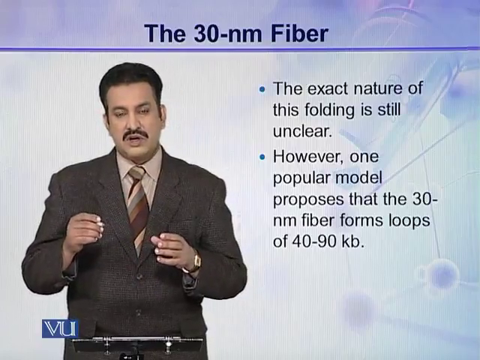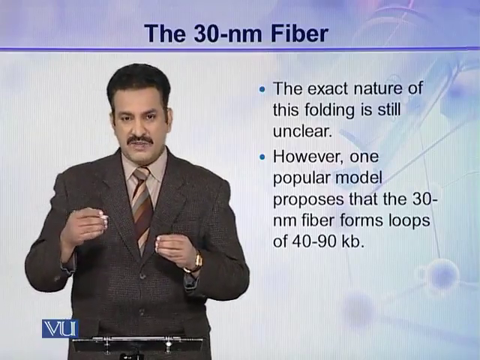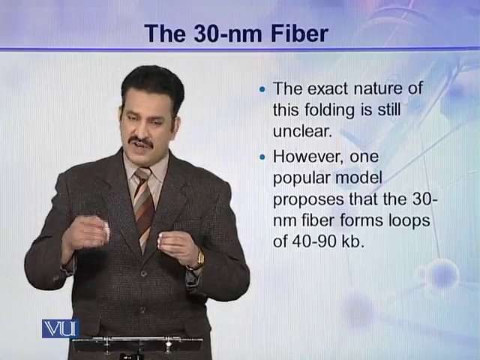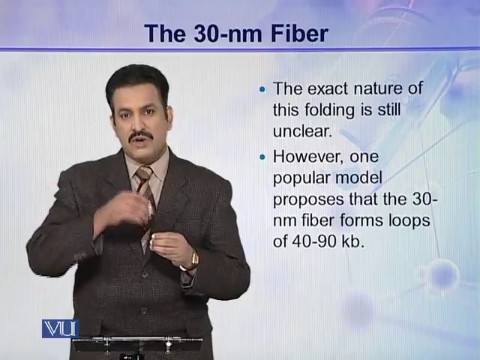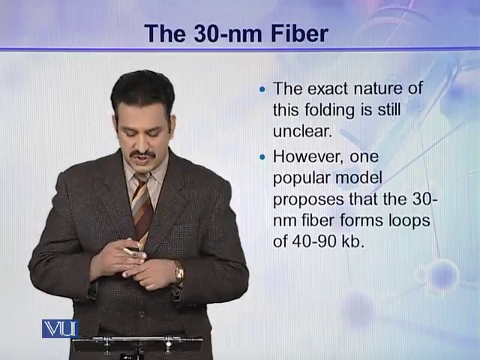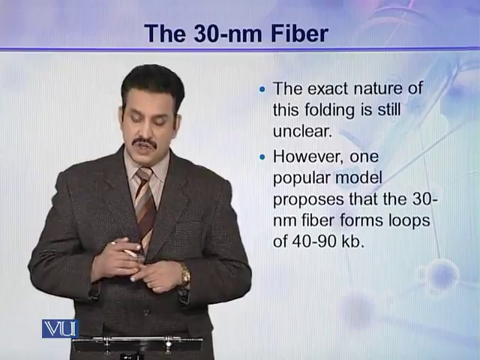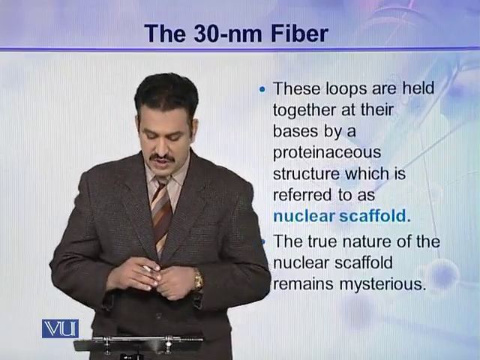So these 30 nanometer fibers are further folded or condensed, and they form loops, and each loop is about 40 to 90 kilobase pairs long.